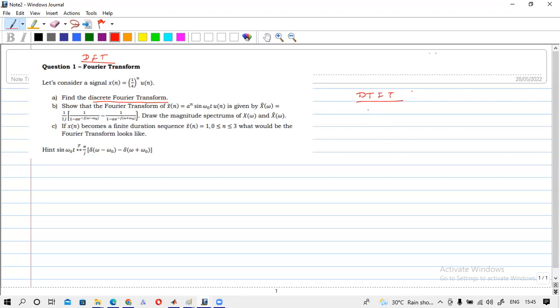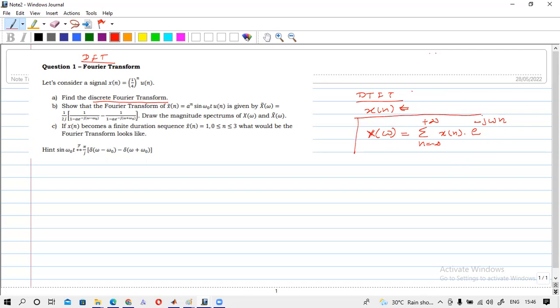If you have a discrete time sequence x[n], which can be finite or infinite, no issue, you will have the Fourier transform X(ω) as the sum over n from minus infinity to plus infinity of x[n] e^(-jωn). This is your discrete time Fourier transform.